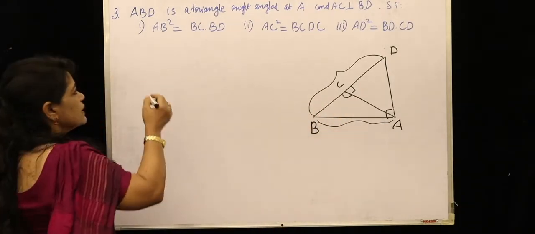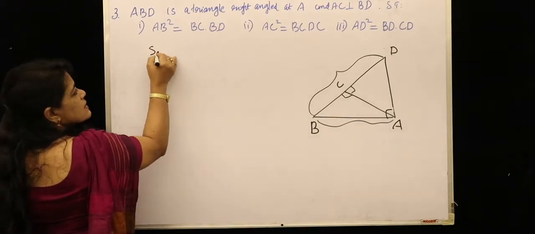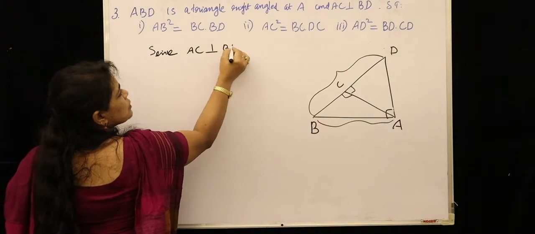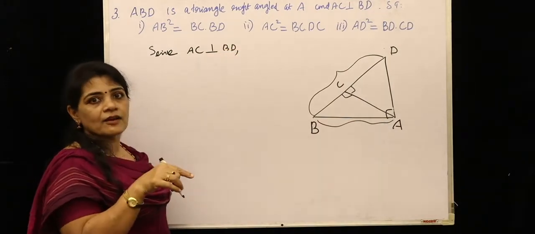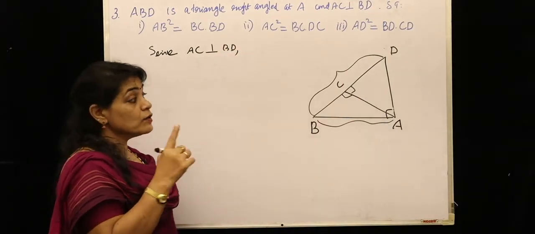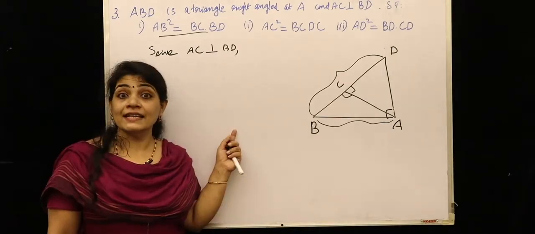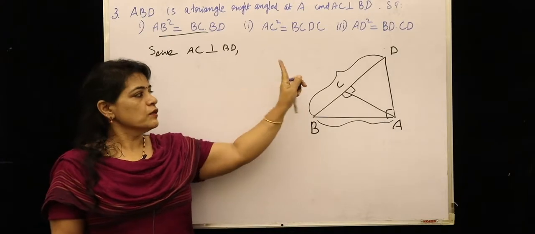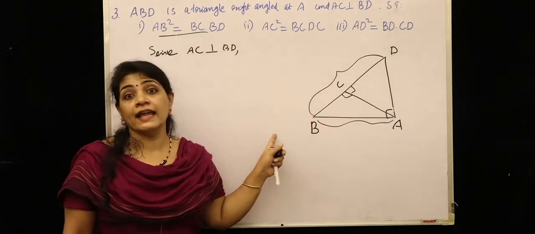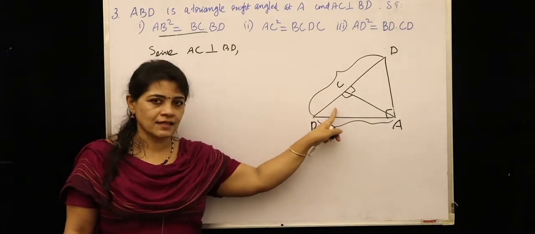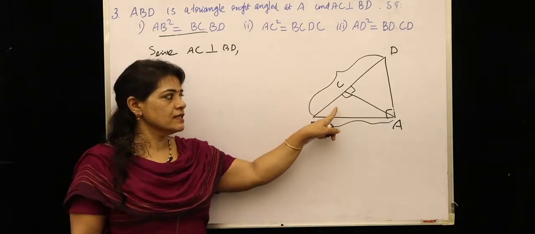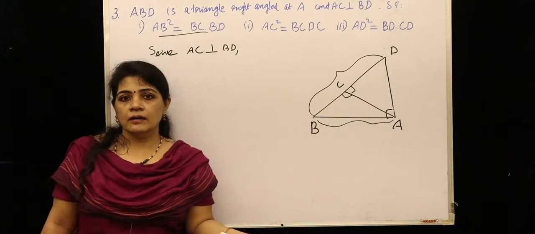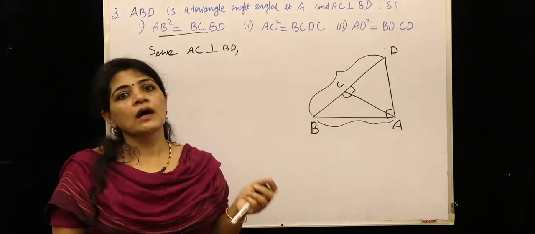Since here AC is perpendicular to BD, only then can we apply all these results. And also angle A is 90 degrees. So since AC is perpendicular to BD, you can write that the whole triangle ABD is similar to this triangle, and the two triangles on either side of the perpendicular are also similar to each other.